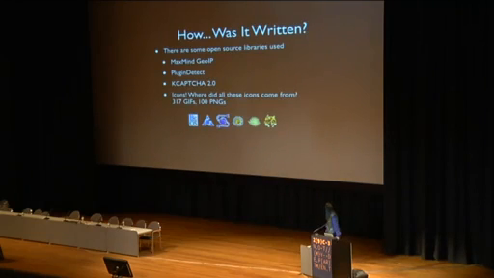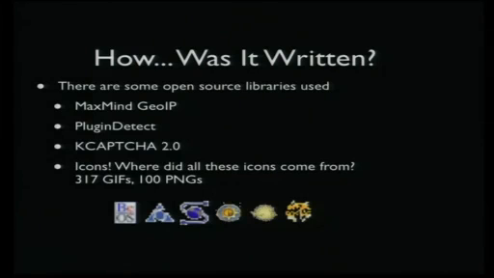Oh, so how do they do it? A bunch of it is actually all GPL open source PHP libraries. The big ones are the MaxMind GeoIP database, PluginDetect, which is the first thing you see when you hit the landing page, and then in version 2.0 they added a CAPTCHA system on the admin login page. Also, there are about 400 icons.